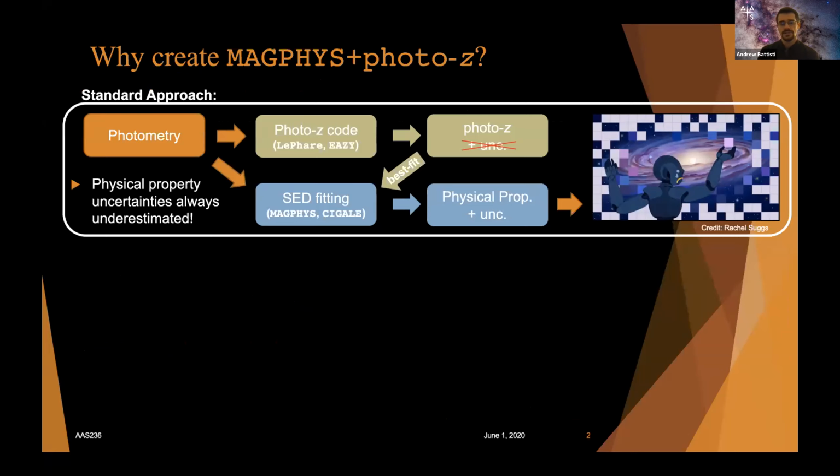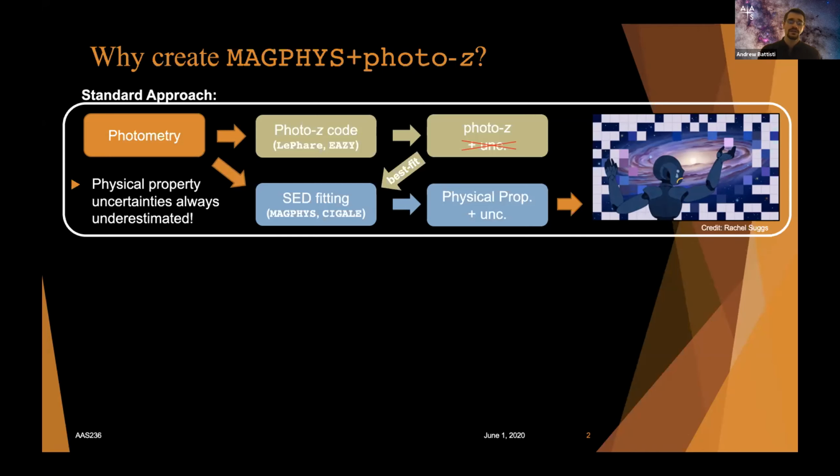The motivation behind creating this code was to improve upon the basic picture by which we perform studies of galaxy evolution on photometric data sets. The standard approach is to first run your photometry through a dedicated photometric redshift code to constrain a best-fitting redshift, and then feed that best-fit redshift into a separate code such as MagPhys to constrain the physical properties of galaxies.